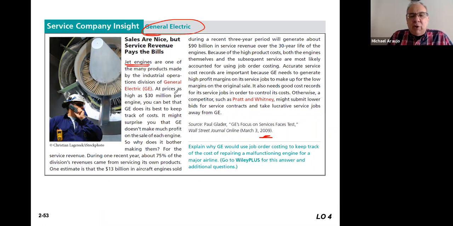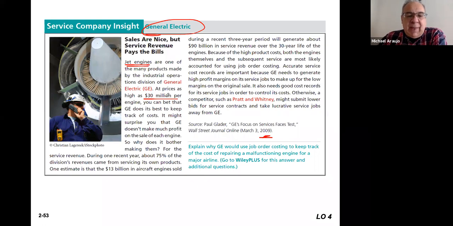And jet engines are pretty costly, about $20 to $30 million per engine. That's a pretty good price for a particular product, right?